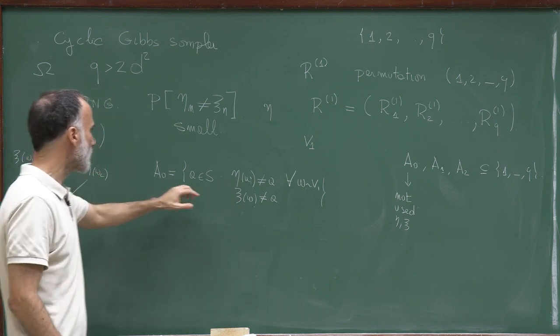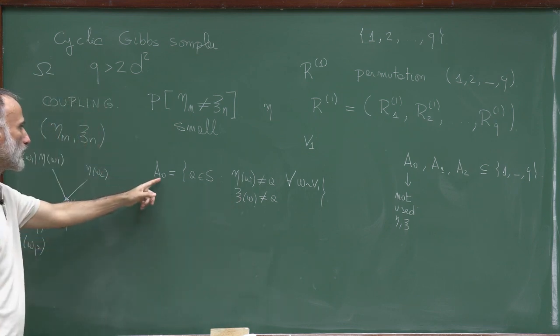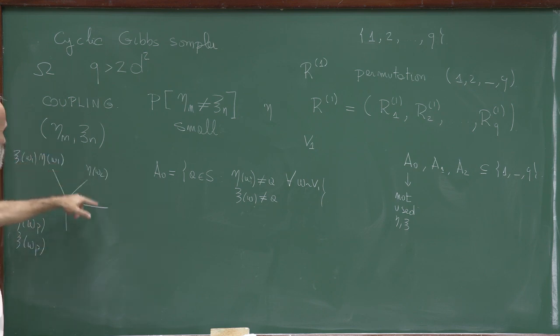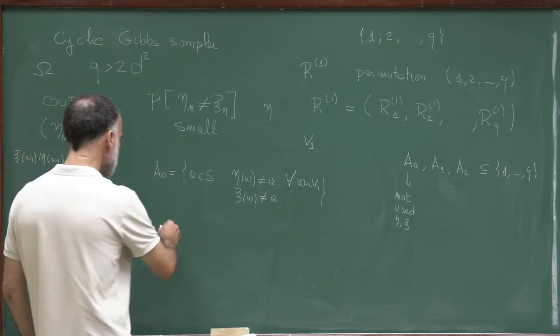So eta and xi do not use the colors in A0 on the neighbors of V1.